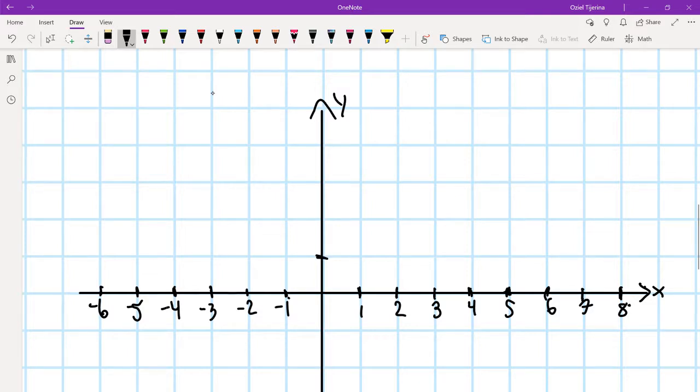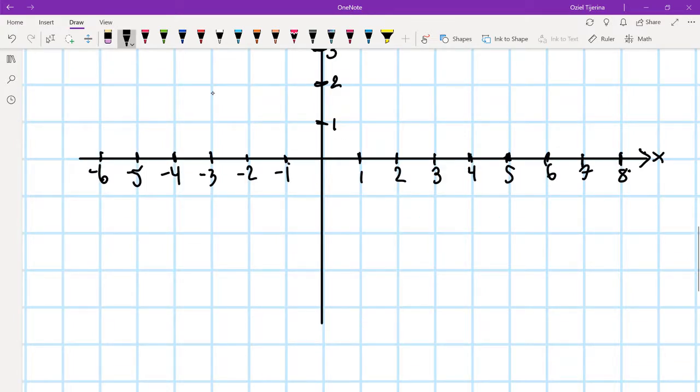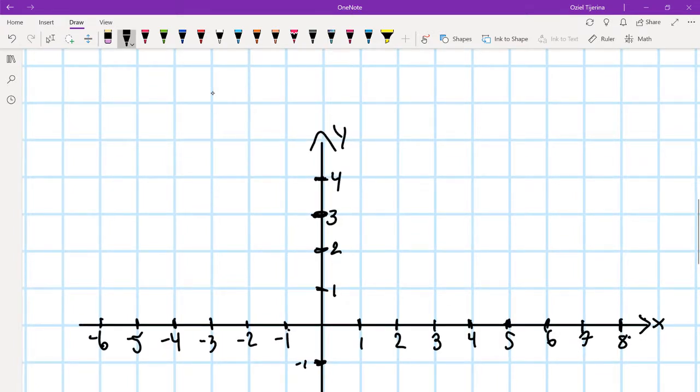And then this axis is going to be 1, 2, 3, 4, and this is going to be -1, -2, -3, -4. Okay, so let's say we want to graph an equation.